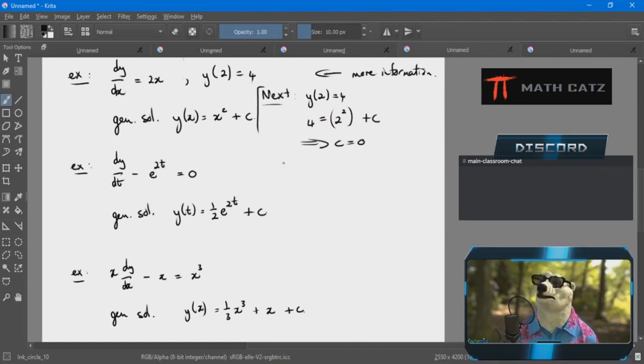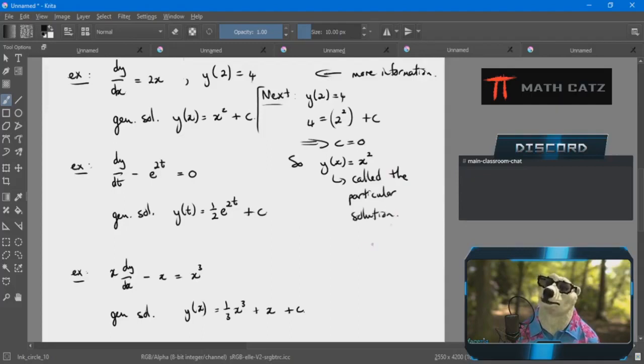So then I have y as a function of x, in particular that function. And we'll call that the particular solution. So if you don't give me anything else, then really I can only stop at the general solution.